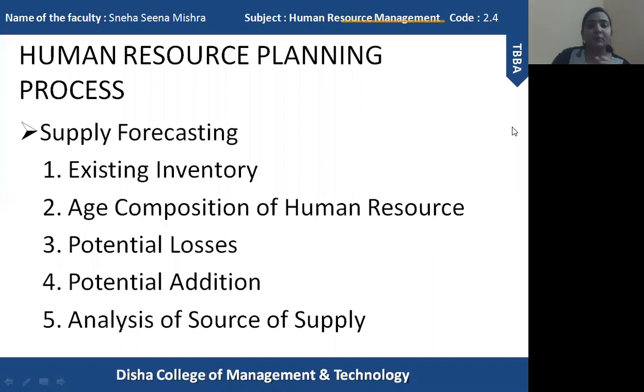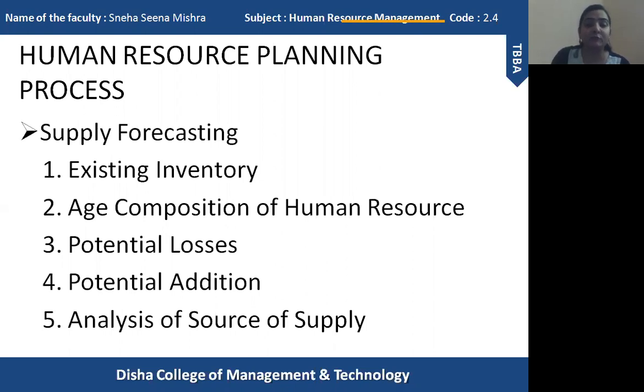Now, in order to perform supply forecasting, every organization needs to have certain kind of information and data regarding the existing human resource, that is the existing inventory. So existing inventory here means the total number of people who are already working within the organization.